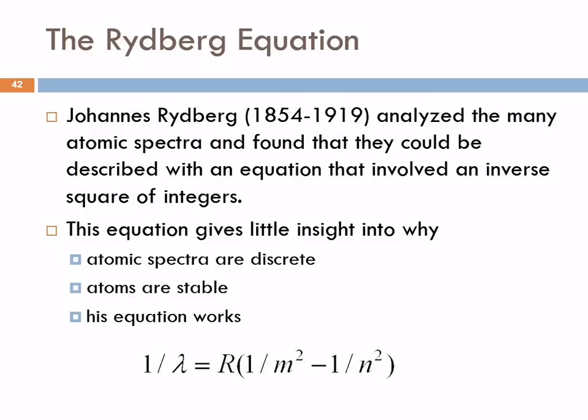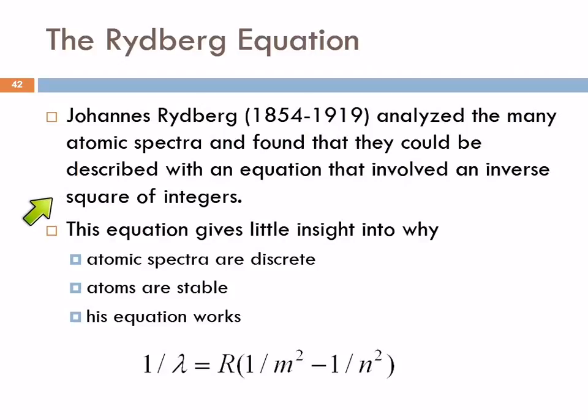So they were looking at these spectra and trying to make sense of what they are. Johannes Rydberg took a more quantitative approach to this, and a numerical approach, if you will, and he looked at the atomic spectra and tried to find an equation that would describe the lines.